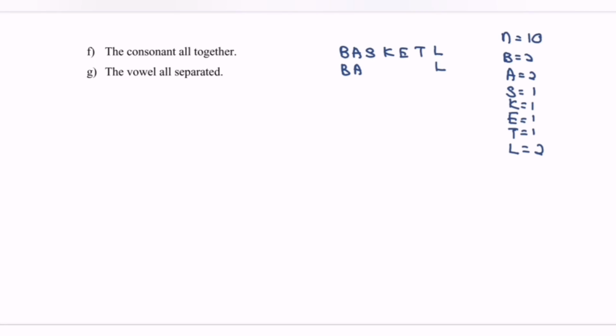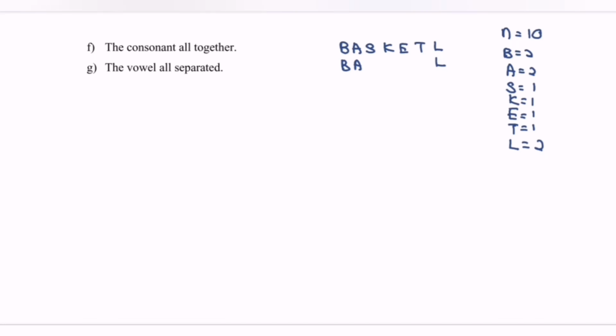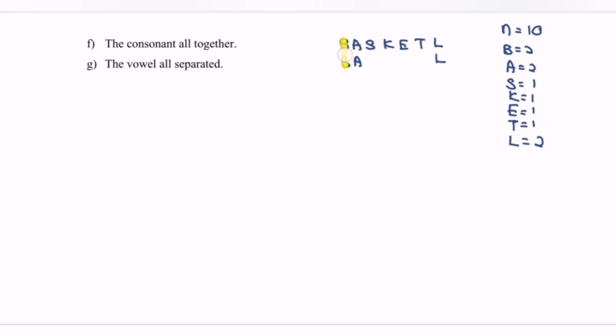So kindly refer to question F. The consonants all together. Refer to basketball, where we have B as a consonant, S as a consonant, K and T and L as consonants. So how many consonants do we have? Here we have 1, 2, 3, 4, 5, 6, 7.